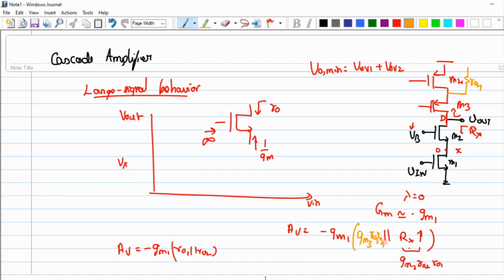But is there any drawback in this particular circuit when I try to increase the gain? What is getting reduced? No, gm remains the same. Yes, Vout. What about the swing that I would get out of the circuit?